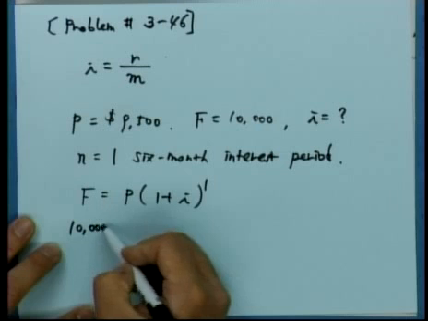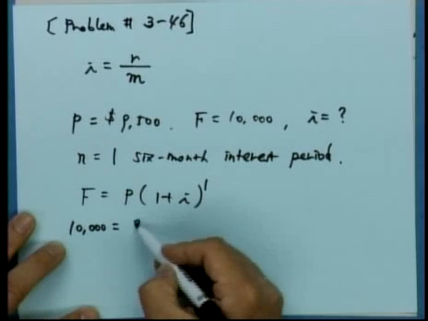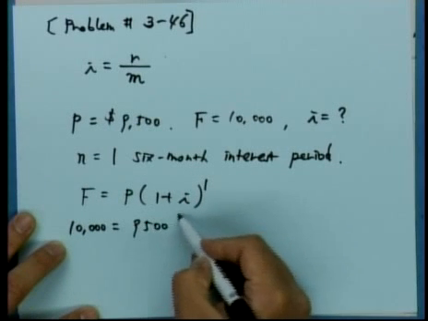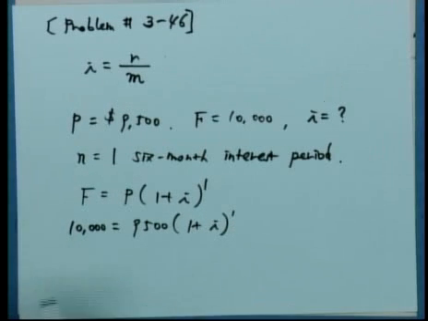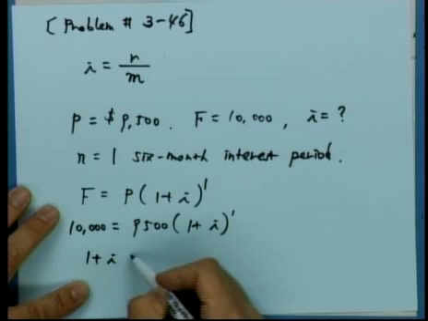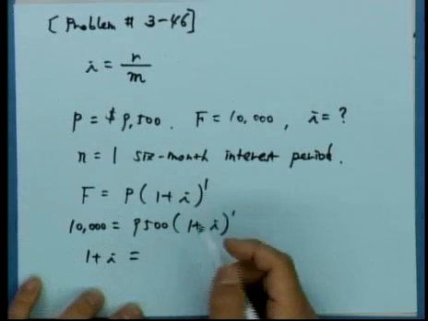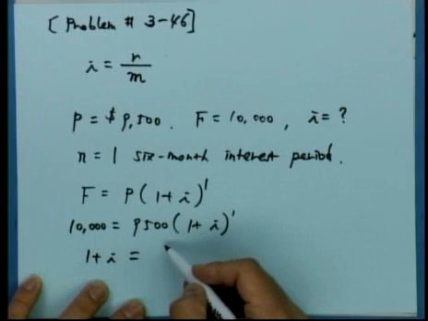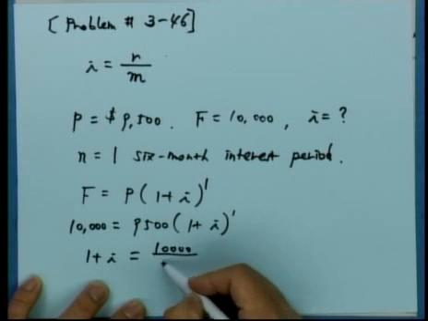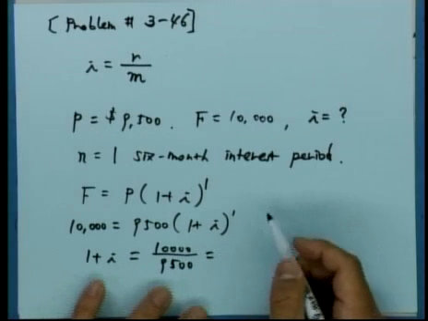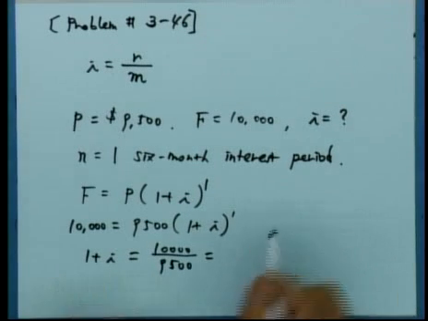So using the real values, 10,000 equals 9,500 times 1 plus I, right? So 1 plus I is equal to what? That is going to be 10,000 divided by 9,500. So how much is that?